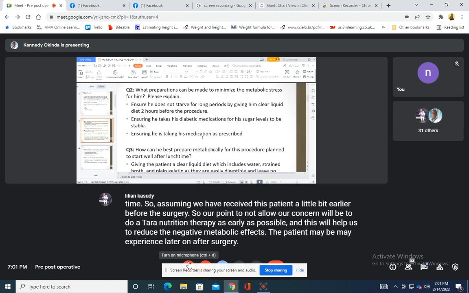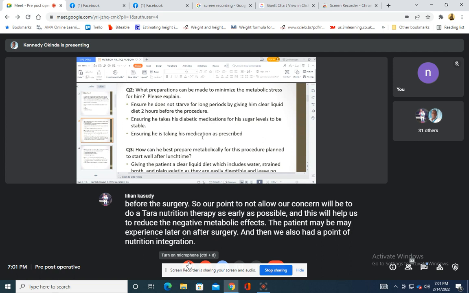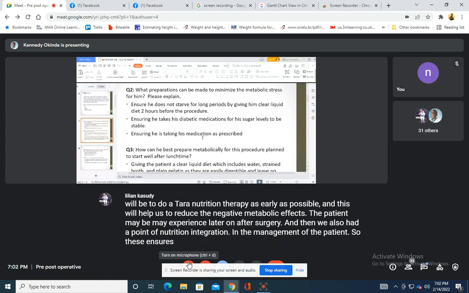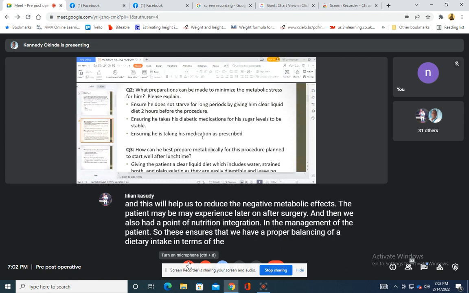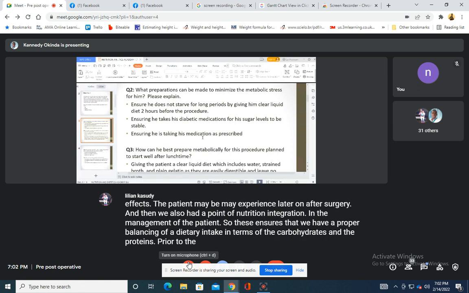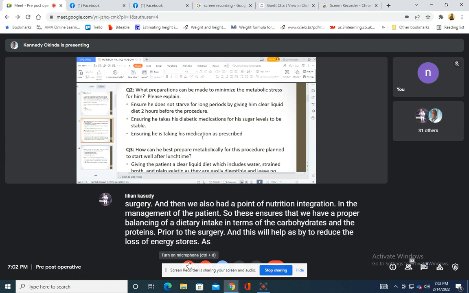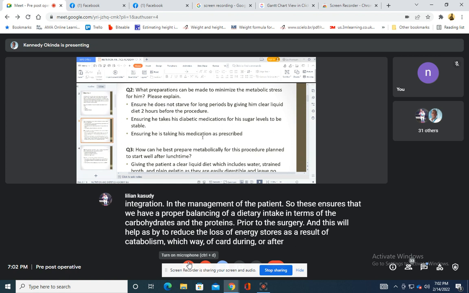And then we also had a point of nutrition integration in the management of the patient. So this ensures that we have a proper balancing of dietary intake in terms of the carbohydrates and the proteins prior to the surgery. And this will help us to reduce the loss of energy stores as a result of catabolism, which may occur during or after the surgery.